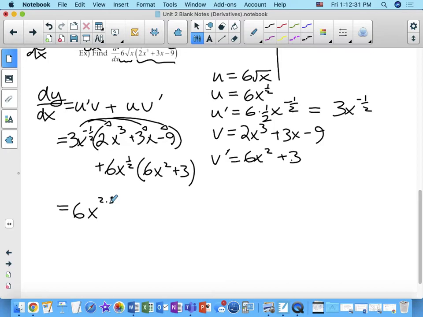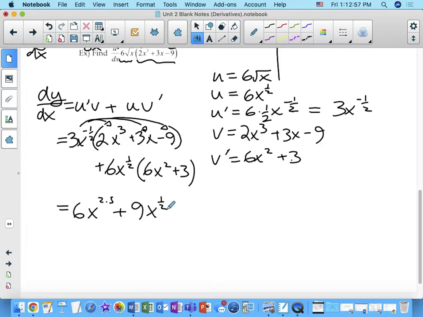And then 3 times 3 is 9. And x to the 1/2 times x to the 1, so negative a half plus 1 is half. There we go.